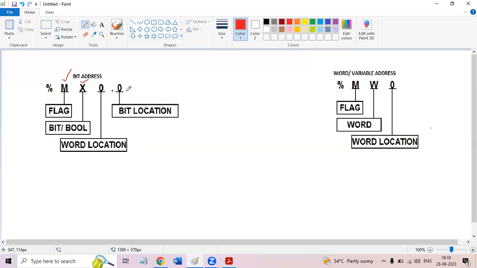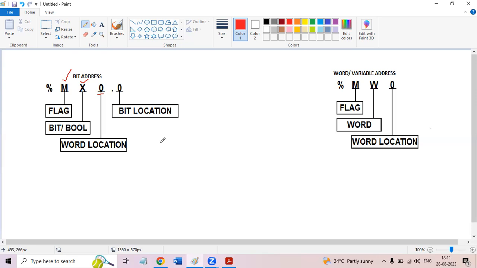In this 0.0, the first 0 is the word location and the other 0 is the bit location. So you can say this flag %MX0.0 has come from the 0 series word, and in that word, this is the 0 number bit. We will understand it more when we go for word instructions.